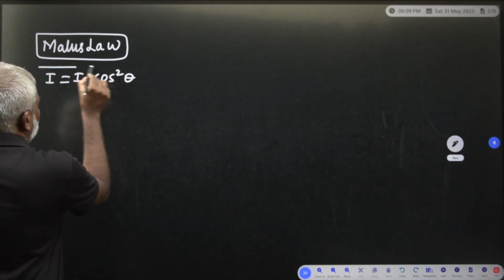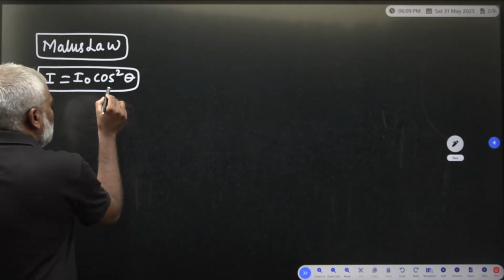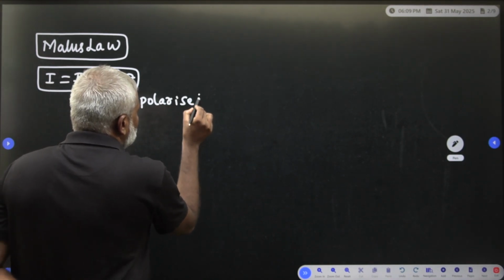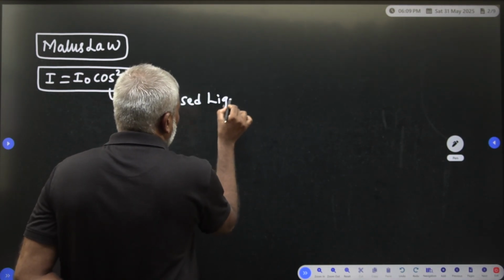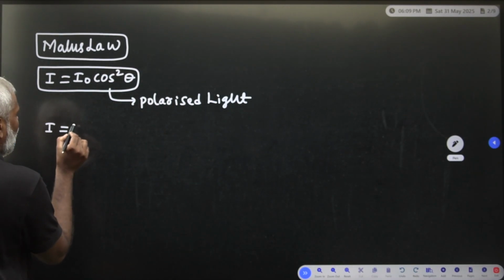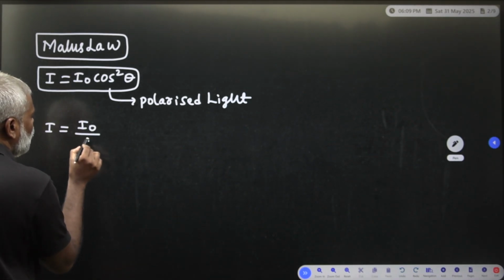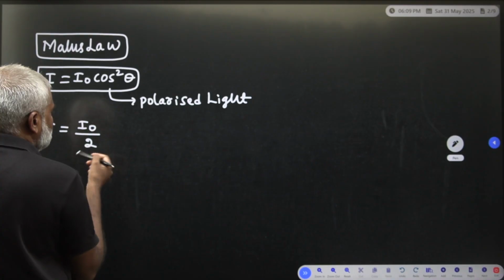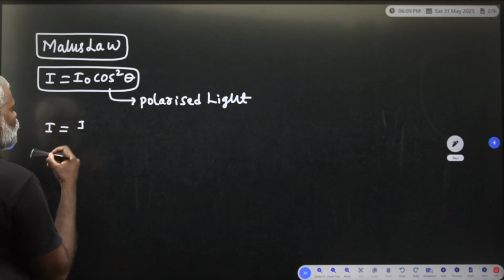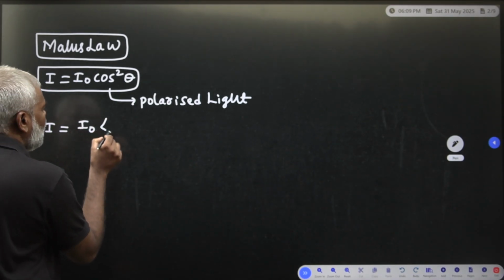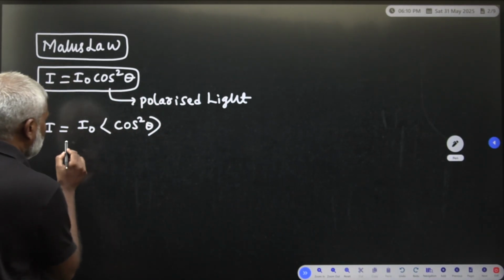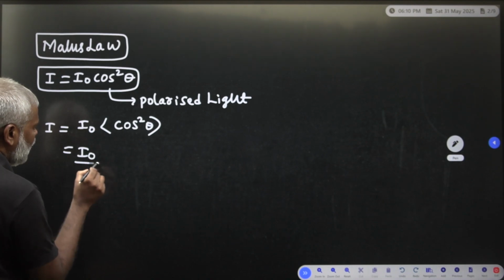But we know the Malus law for unpolarized light is I naught by 2, since the expectation value of cos square theta is 1 by 2.